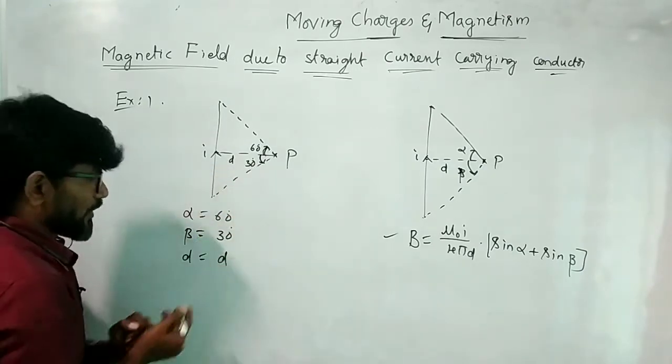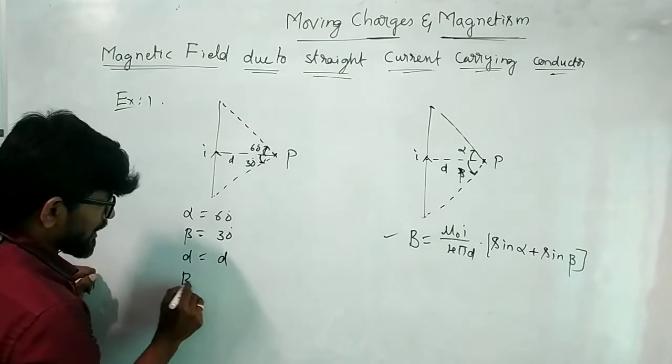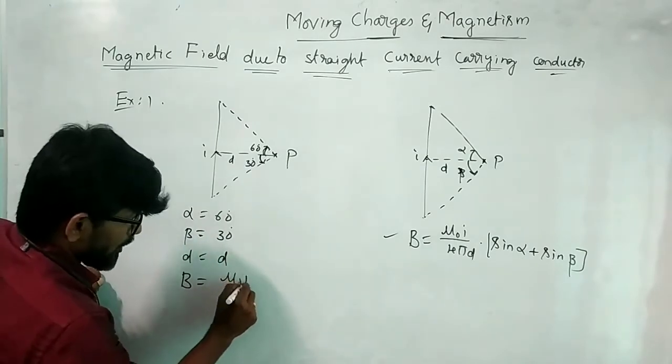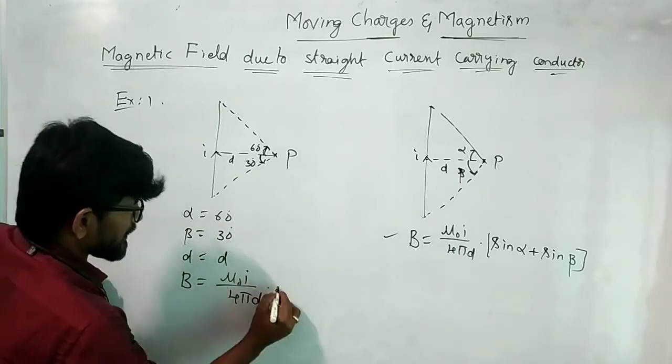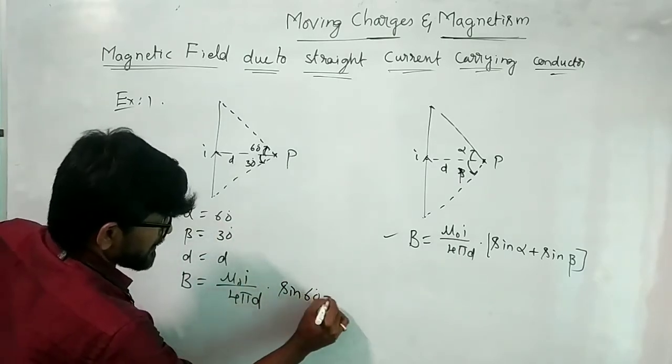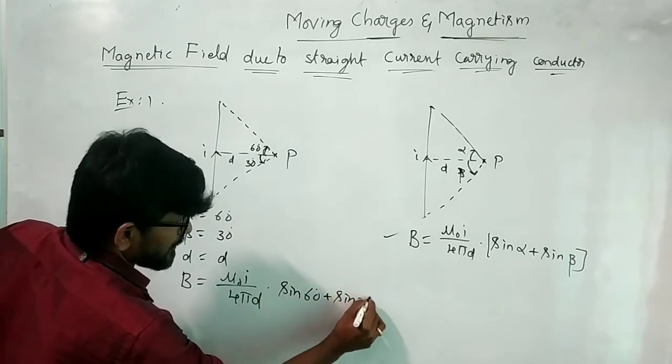If you substitute, B is equal to mu naught I by 4 pi d into sin 60 plus sin 30.